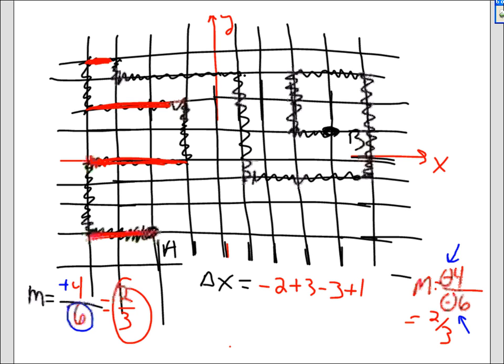Then I went down some, then I went to the right 4. And then I went down a lot, and then I went to the right 4 again. For lack of space, I'll put it here. Then I went up some, then I went to the left 2 spaces, take away 2.